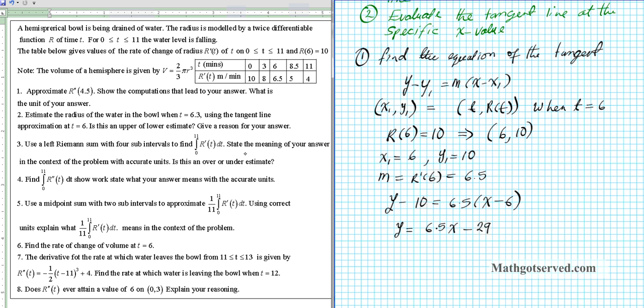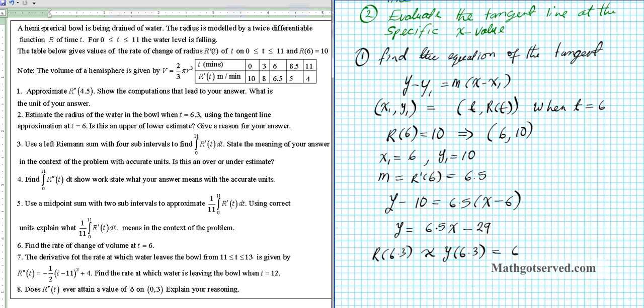Okay, so we want to evaluate the function. We want to approximate what the radius is at t equals 6.3. So r of 6.3 is approximately what the tangent line tells us the output is at 6.3. So that's going to be what you get when you plug in 6.3 into the equation of your tangent line. So we're using the tangent line to estimate what the function behaves like here.